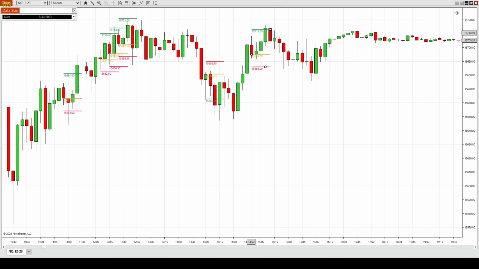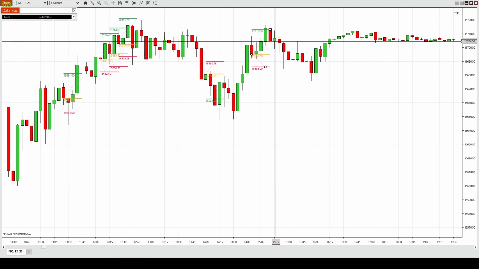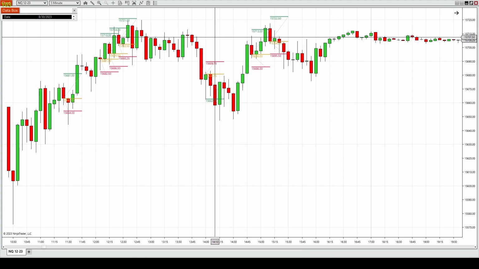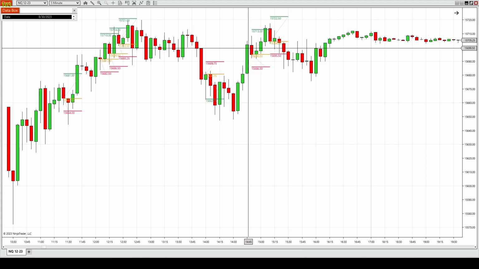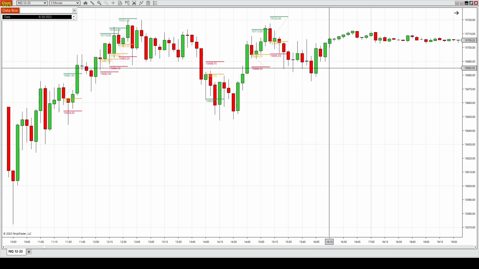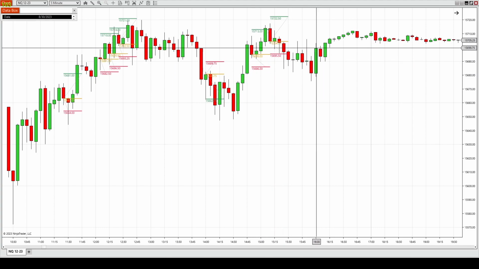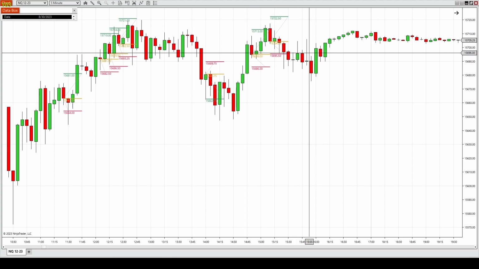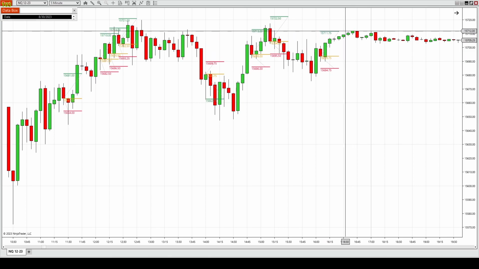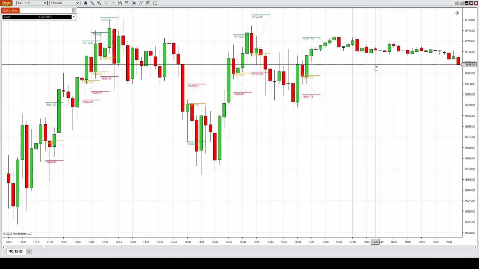Okay, here's another pullback, and this one we definitely would have lost because price didn't do anything, and that's why you really need to get in on the first one because it provides the most opportunity. Again, pulls down, nothing. Price does a pullback after breaking structure, and then again, great opportunity, TP hit.